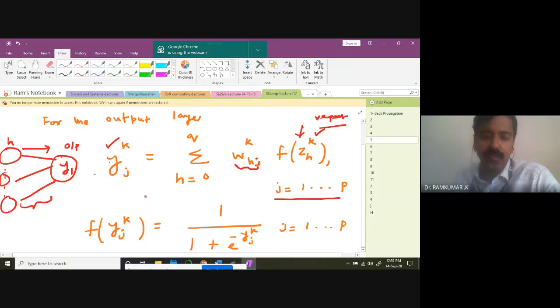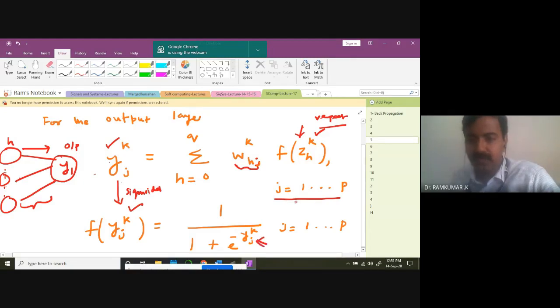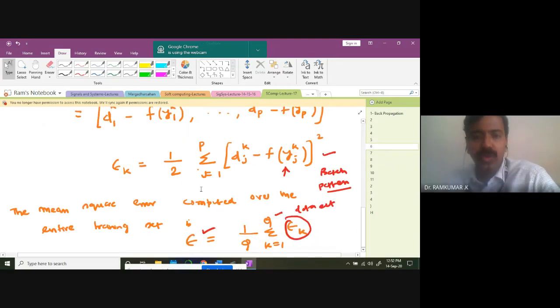Therefore, that is f of yj^k completing that one. And f of yj^k is nothing but having computed this, passing it through the sigmoidal function. This activation through the sigmoidal, and that is what this value is. Okay. So then you pass it through, you get the output now. You have received the output.